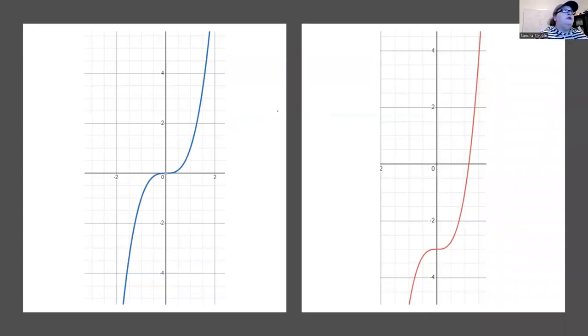The one on the left is your toolkit function, f of x is equal to x cubed. The one on the right is the representation of the function we're dealing with here. And there's no difference other than it's had some shifting and a little bit of shrinkage, a little condensing. So for the domain and the range, I'm going to say both, from -infinity to positive infinity.